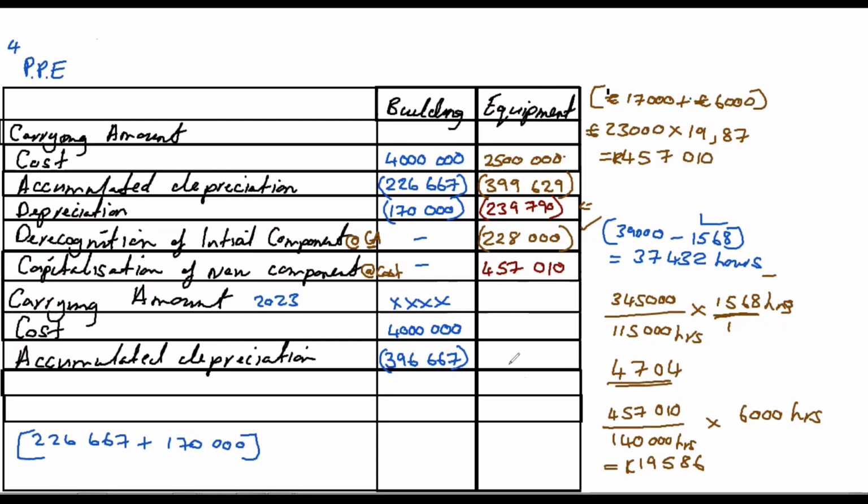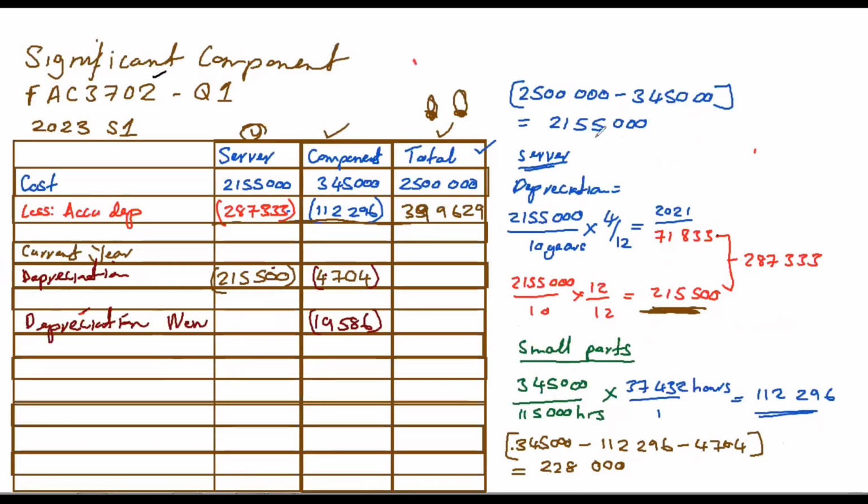Then at the end of the year, the thing that you have to do is remember this cost is no longer the same. This 2,500,000 was based on the value of the old component, right? But now we are saying there is a new component in the house.